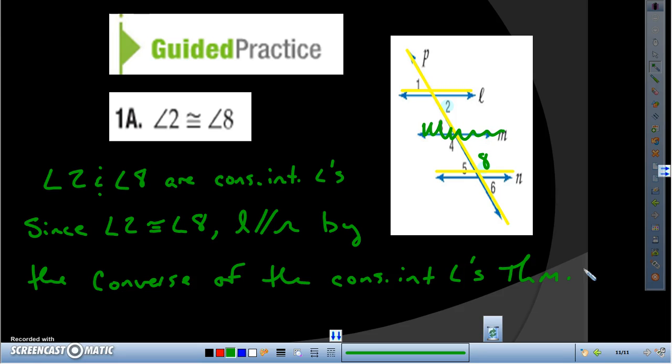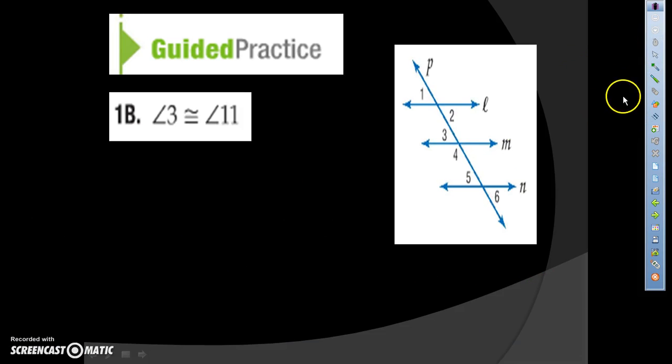Okay, don't abbreviate it so much that I can't figure out what the words are that you're abbreviating. Okay, so define the relationship and then make your claim, and then tell me what you used to make your claim. Okay, let's look at another one.